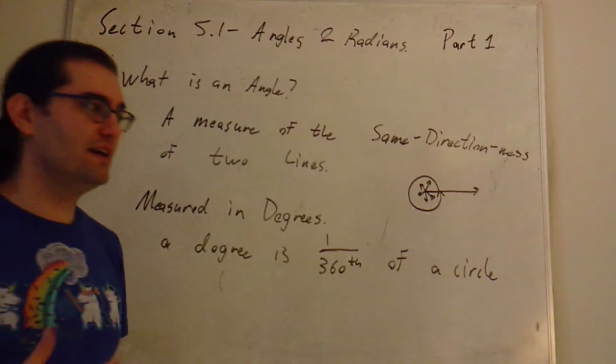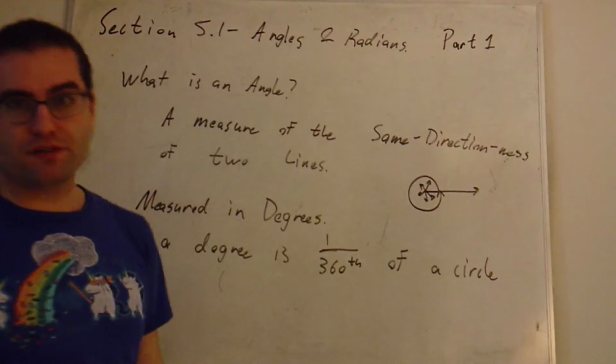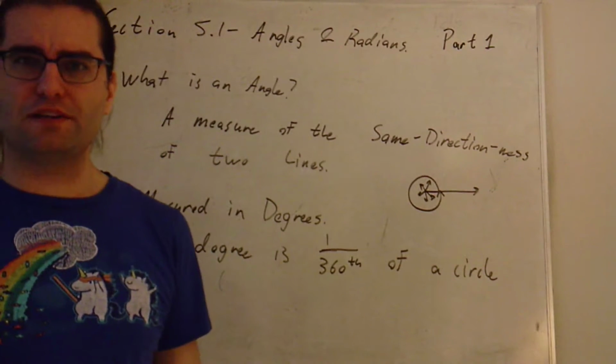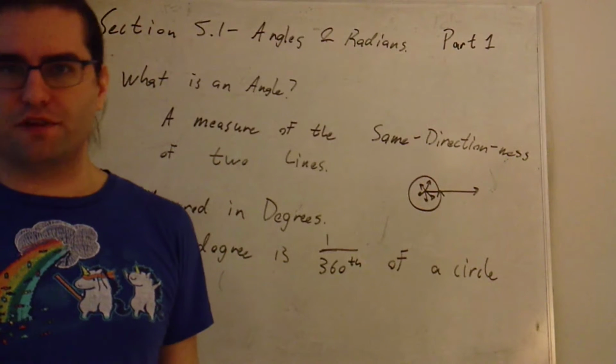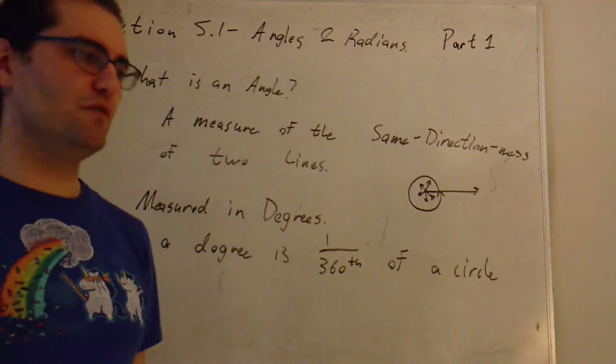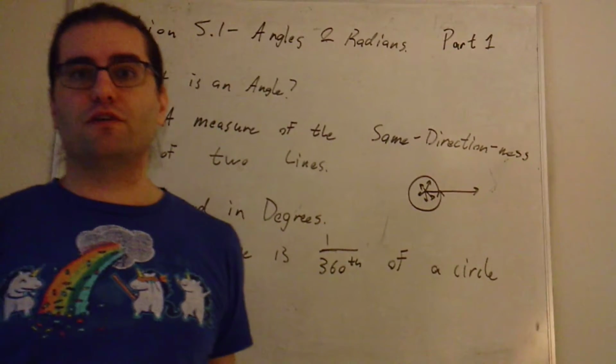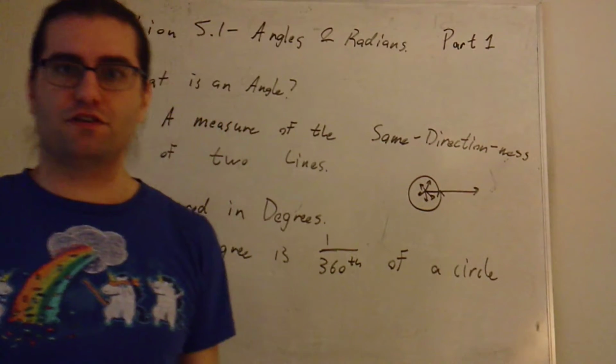And that made it really, really important for mathematicians throughout history, starting with the Assyrians and Babylonians, but moving straight through. Degrees got used a lot for navigation, especially nautical navigation.